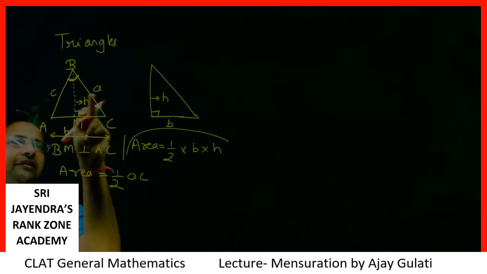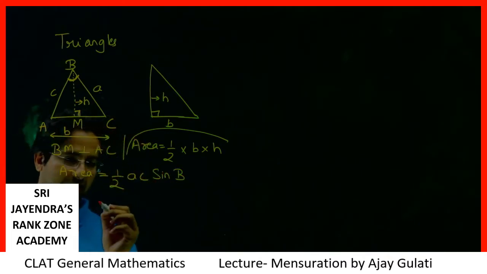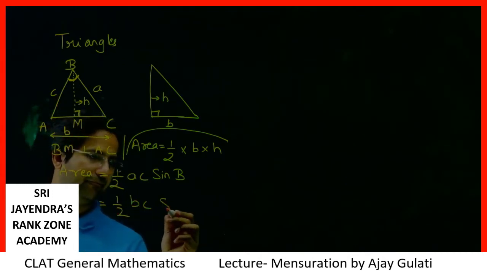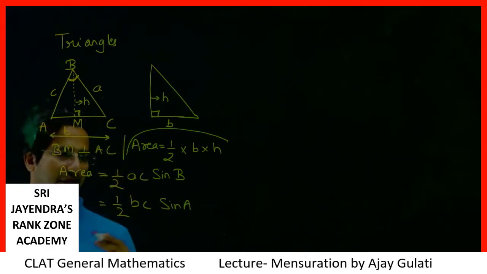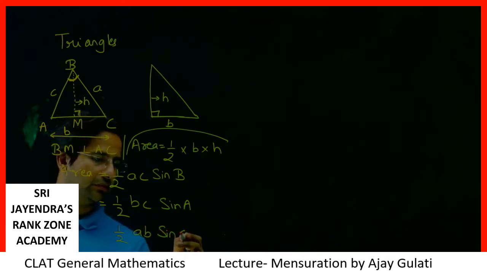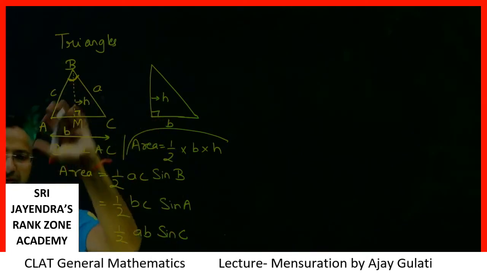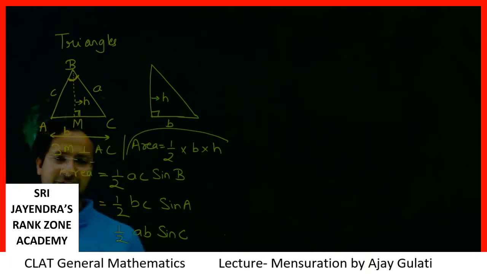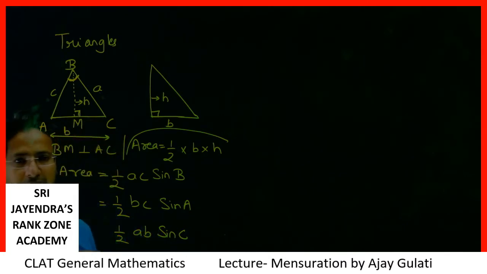The angle between A and C is B. So half AC sine B, half BC sine A, half AB sine C. I think this must be clear to everyone. No doubts in this. These are the basic formulas. I will take one more formula, Heron's formula, then I will move ahead.